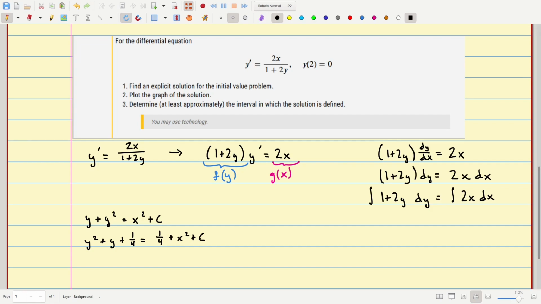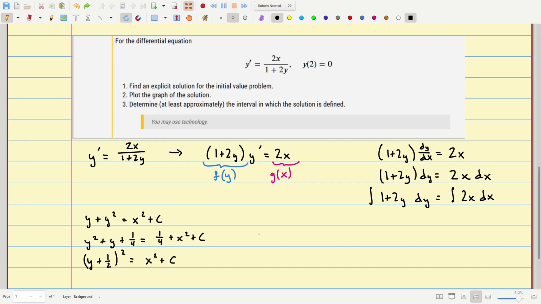So we take half of the coefficient on y and square it, which is where the 1/4 comes from, add that to both sides. And now what we can do is write the left-hand side as the quantity y plus 1/2 squared, and on the right-hand side we're going to have x squared plus a constant c. I have decided to absorb the 1/4 into our constant of integration because when we solve the initial value problem, that will work itself out.